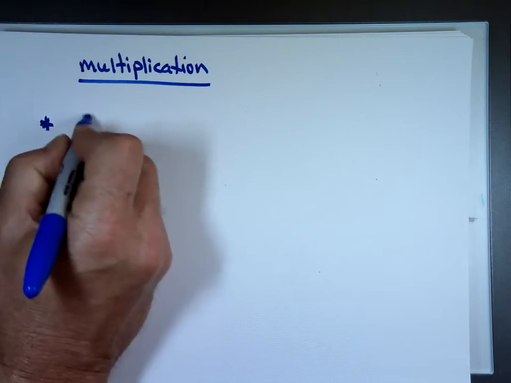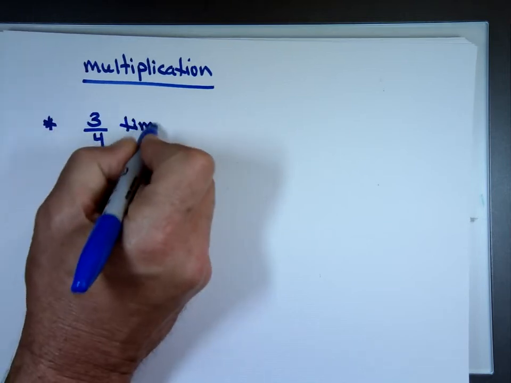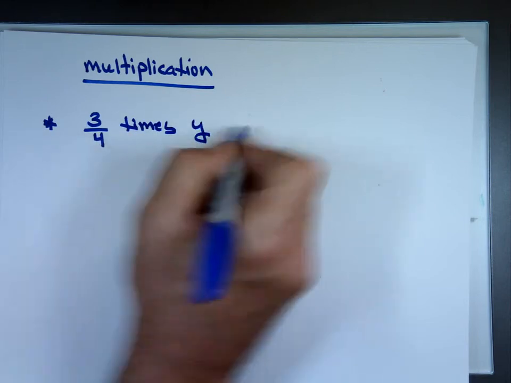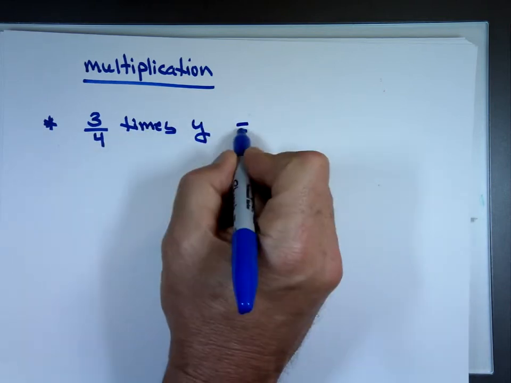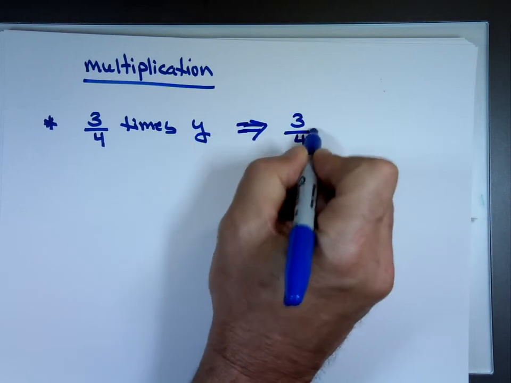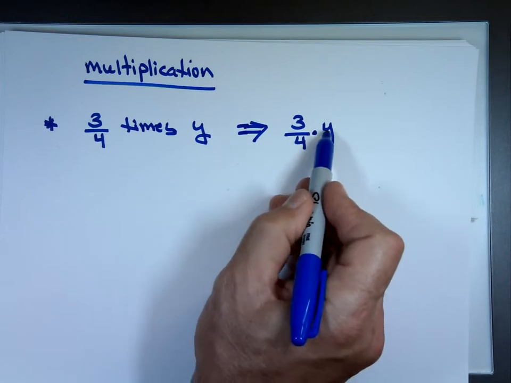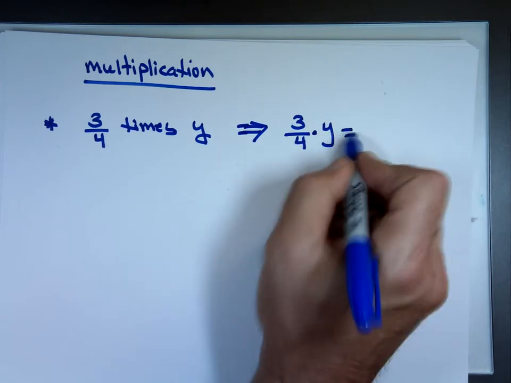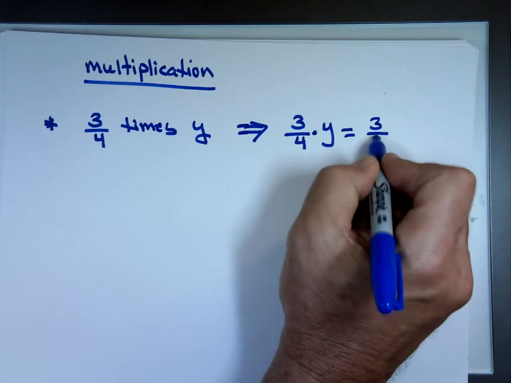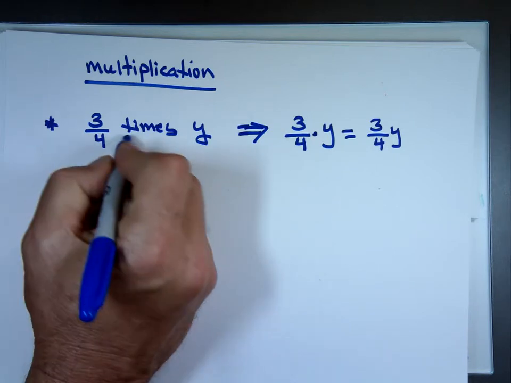If I said 3/4 times y, that means what? 3/4 times y. Now when you see something like this, 3/4 dot y, that's times. We never really put the dot there. We write that 3/4 without the dot, y. So times means multiplication.